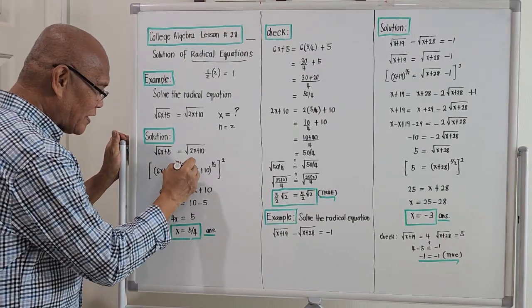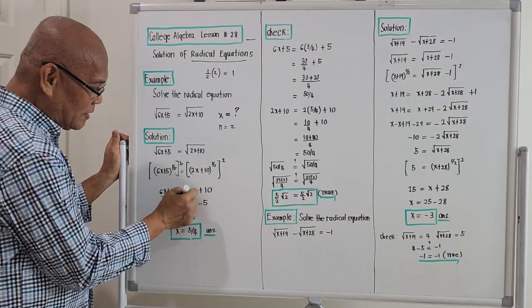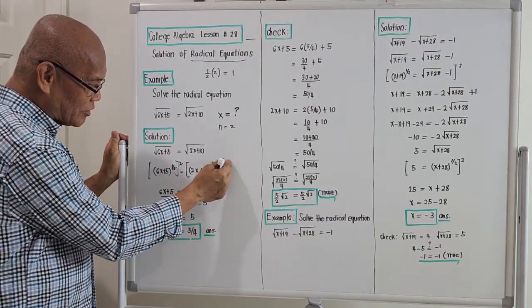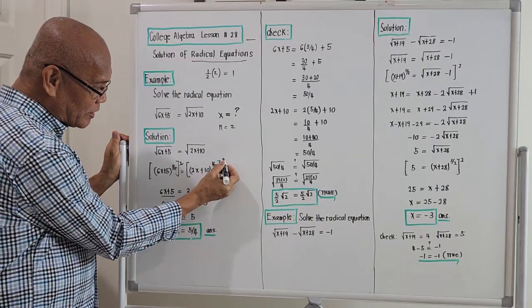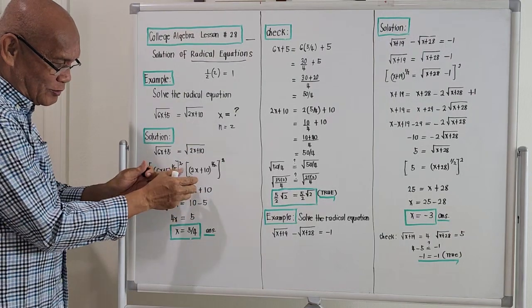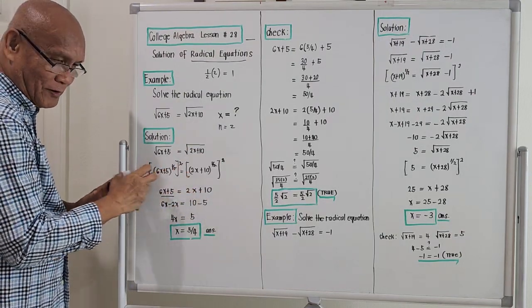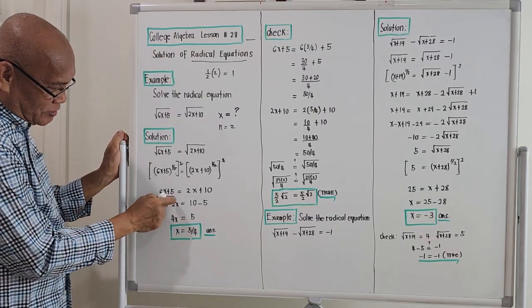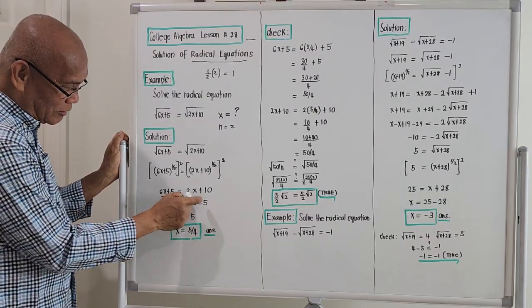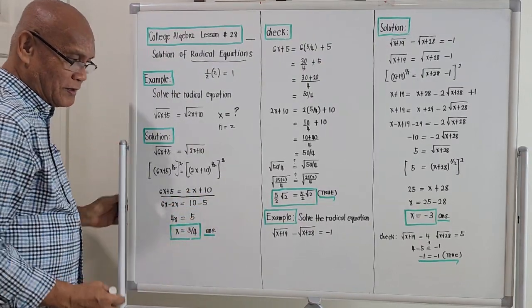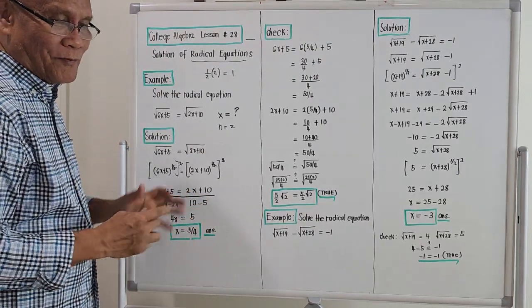For the right hand side, 2x plus 10 raised to 1/2, raised again to the second power, these two cancel, since 1/2 times 2 is 1. So the exponent for both the left and right is now 1 after this squaring, and this is now 6x plus 5 equal to 2x plus 10. After this squaring, we are back to square 1.